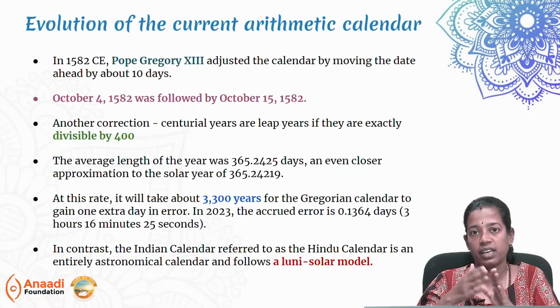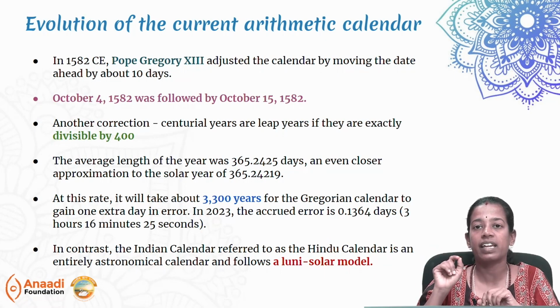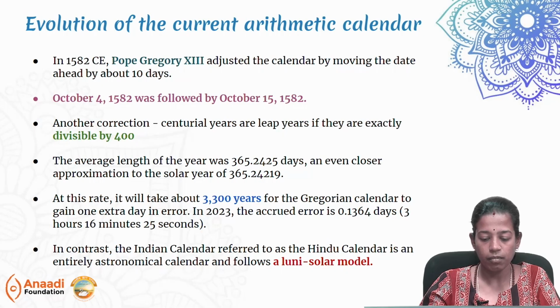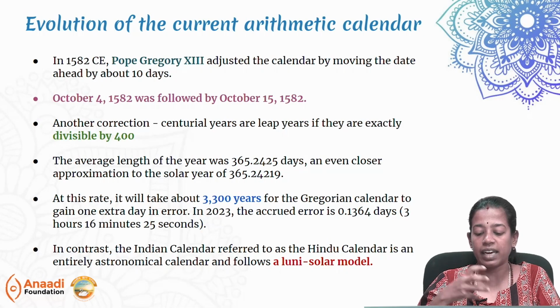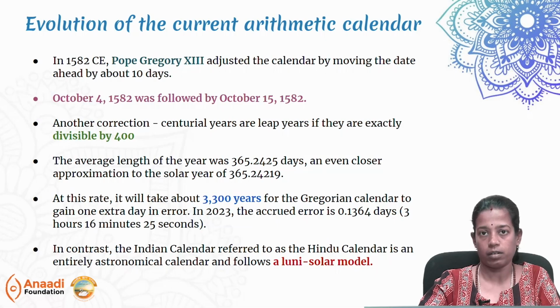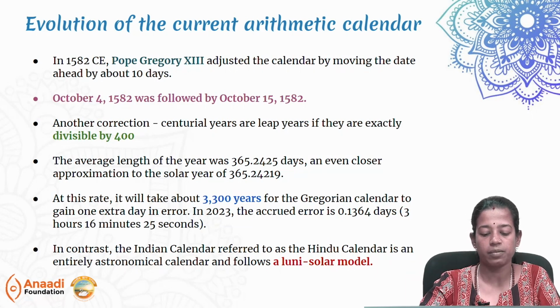For example, in 2023, the error accrued so far by the Gregorian calendar is about 0.1364 days. This amounts to about 3 hours, 16 minutes and 25 seconds.